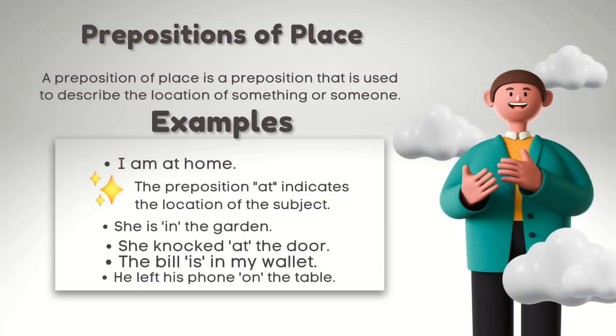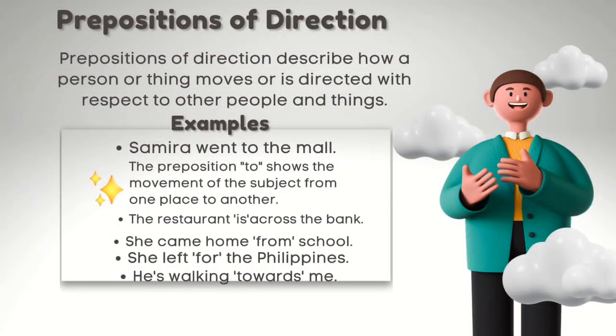Let us look at another type of preposition, and that is prepositions of direction. Prepositions of direction describe how a person or thing moves or is directed with respect to other people and things.